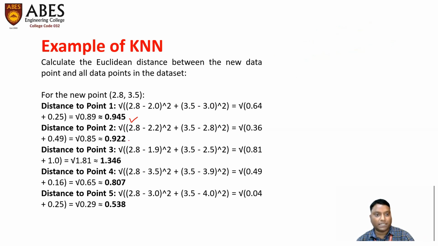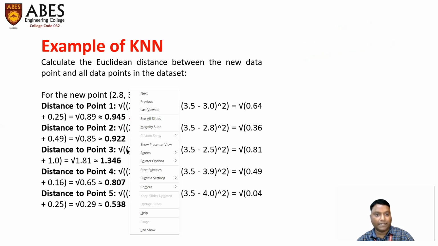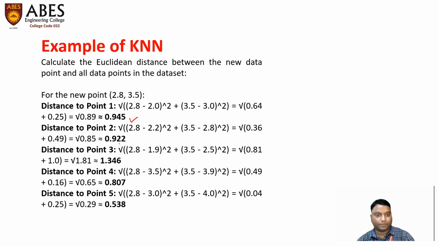Similarly, the distance to point 2 is 0.922, the distance to point 3 is 1.346, the distance to point 4 is 0.807, and the distance to point 5 is 0.538. So we have calculated the distance of the new data point with respect to every neighbor.